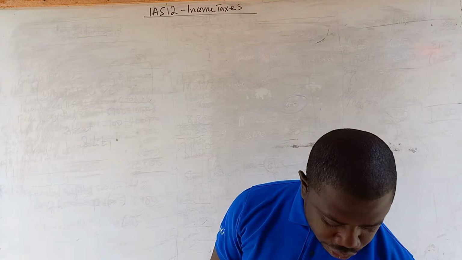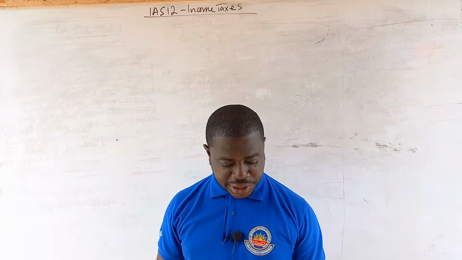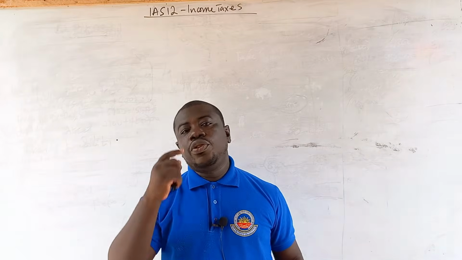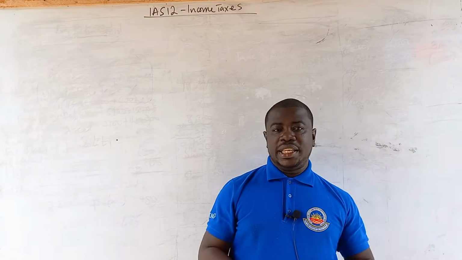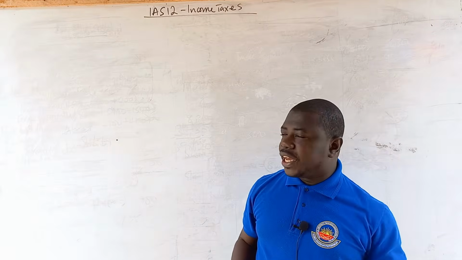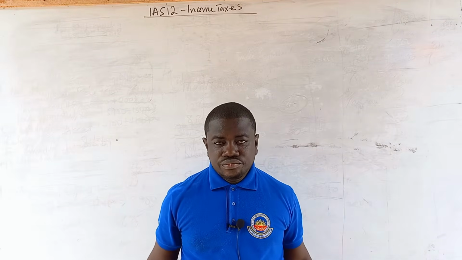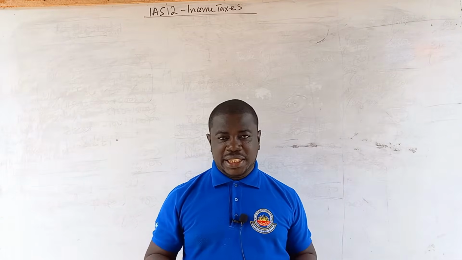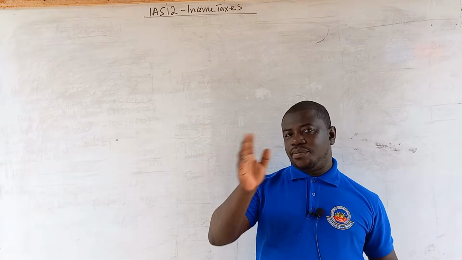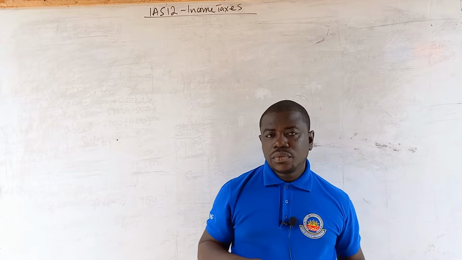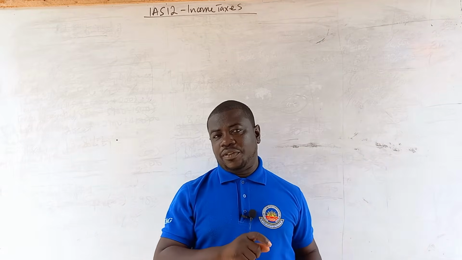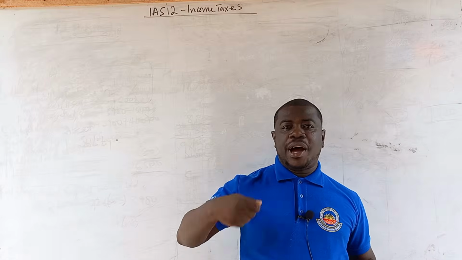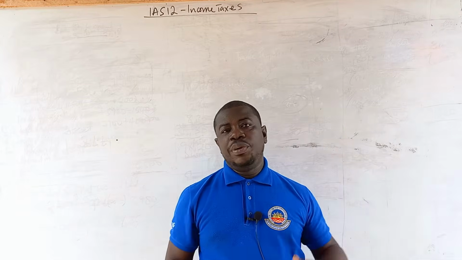All right. And so we are told that the rate of tax is 30%. Calculate deferred tax. So what you need to do is to first of all find the temporary difference before you find the deferred tax. If the tax base is more than that of the carrying amount, then whatever deferred tax you have will be an asset.